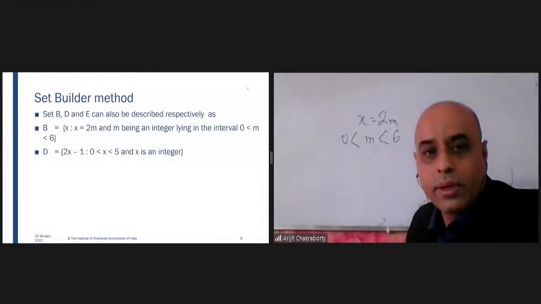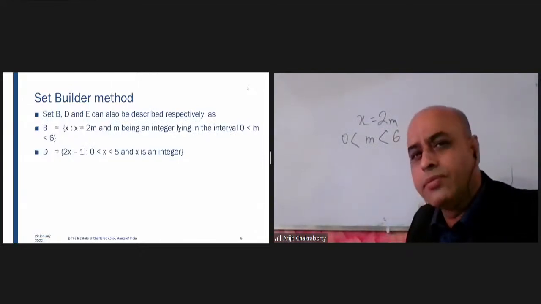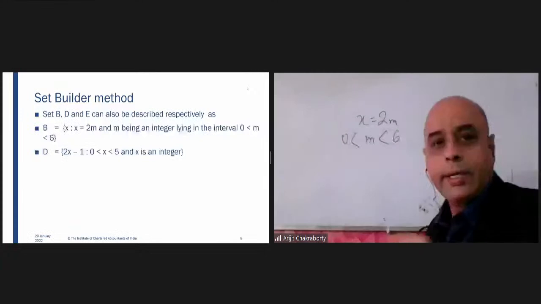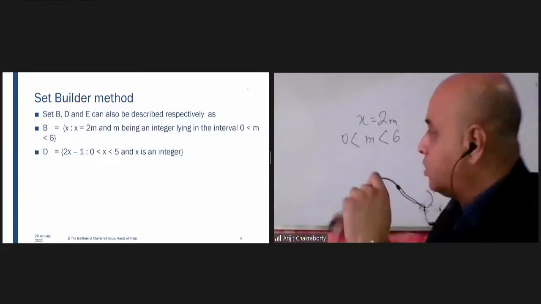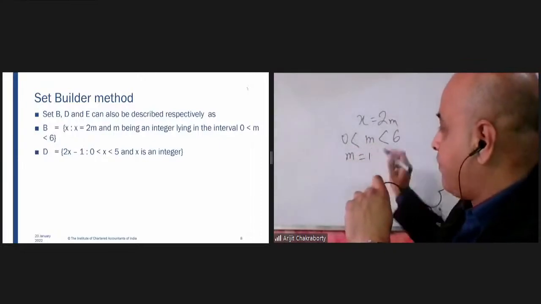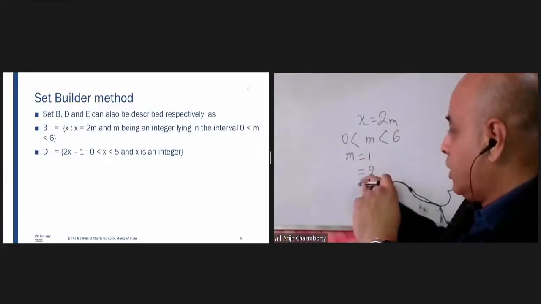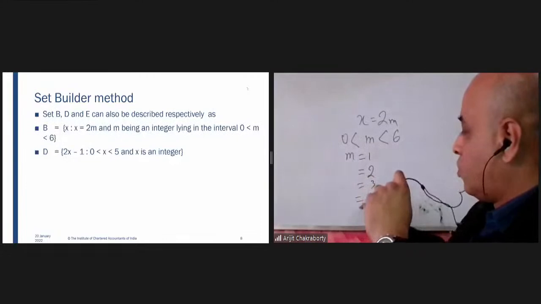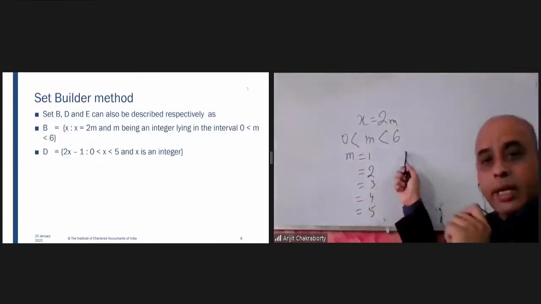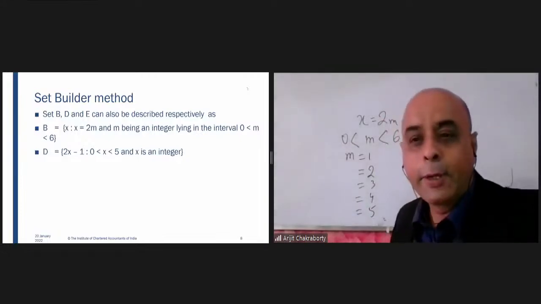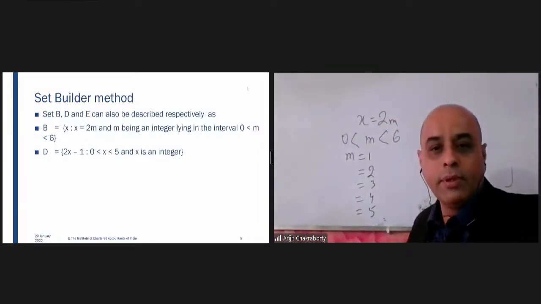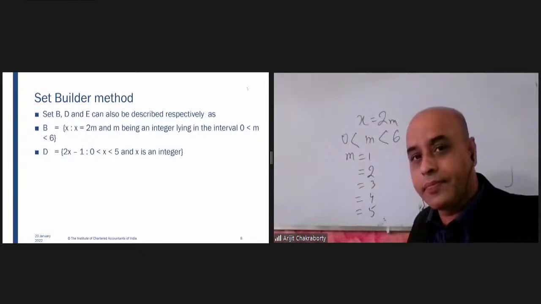So if I ask you, what are the possible values which m can take? M cannot be 0 because it is given m is greater than 0. So m can be 1, 2, 3, 4, 5. But can m take the value of 6? No. Why? Because it is given that m has to be less than 6.